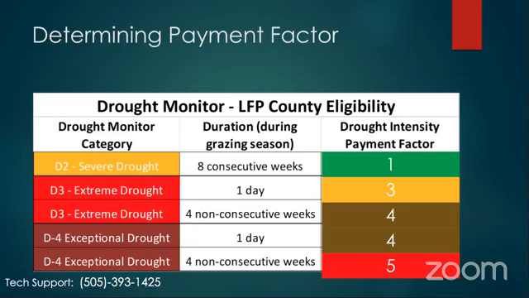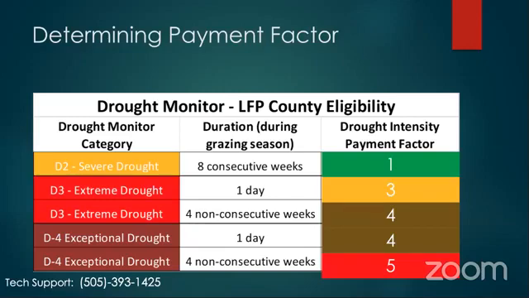So like I said, to even trigger the program, you've got to be in that D2 for 8 consecutive weeks. If your county then goes into a D3 just for 1 day, which is that bright red that you guys had seen on the map in the previous slide, that automatically bumps you up to a tier 3 payment.